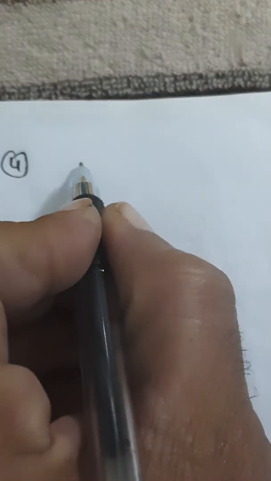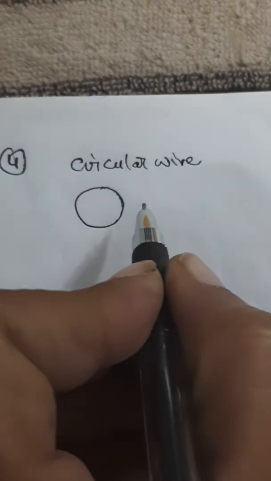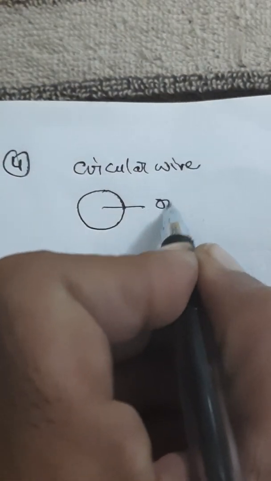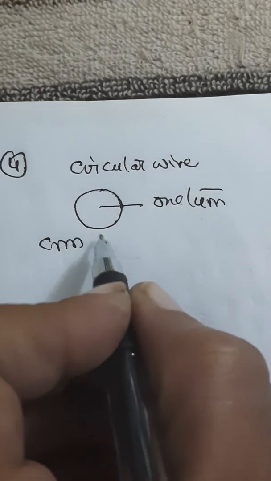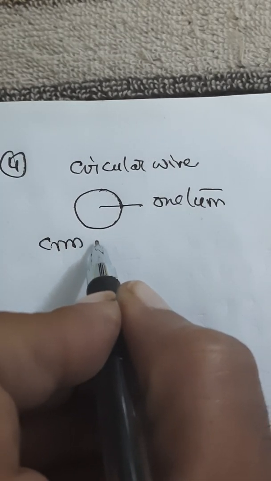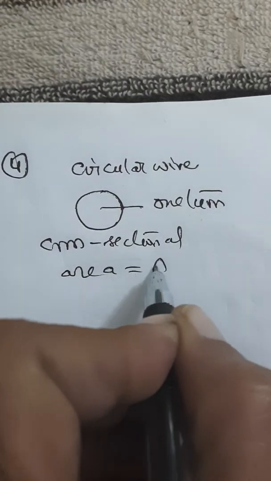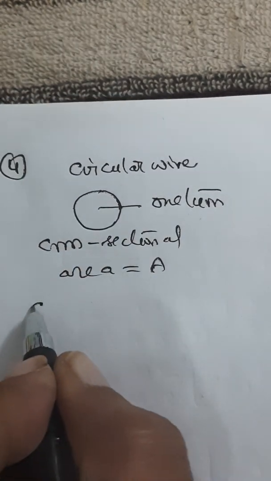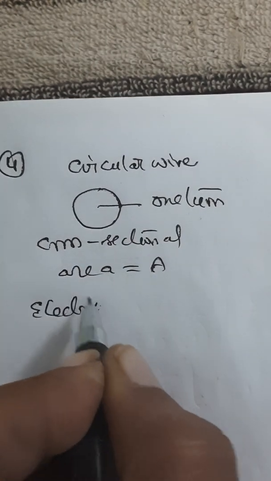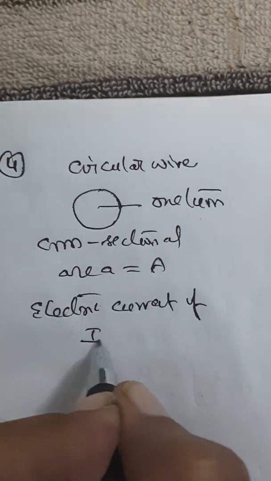Suppose you have taken a circular wire. It has only one turn. Its area of cross section, let us say, is A. Through this circular wire, you are sending an electric current of, let us say, I ampere.